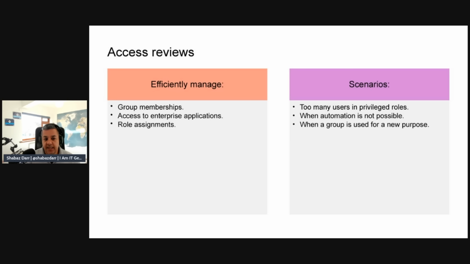Again, I said we'll look at it in the demo as well, but around access reviews, these are very, very important when we're talking about privileged access management, or privileged identity management in this case. There are a few scenarios where access reviews are going to be useful. The first one is you've got too many users in privileged roles.